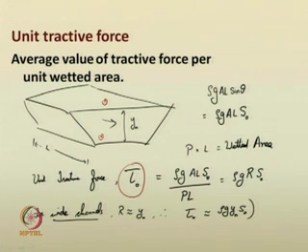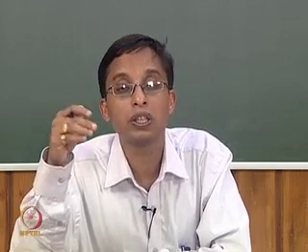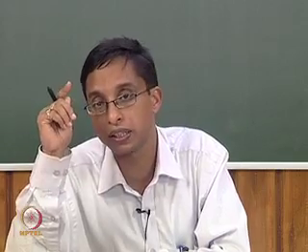Just consider a particle on the side slope. If I draw the cross section like this, say any particle on the side slope. This particle can get eroded from its location due to two reasons.